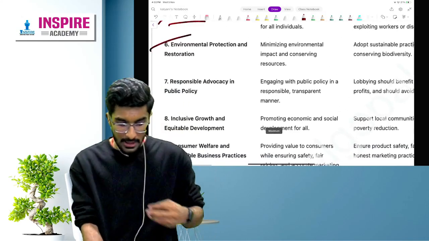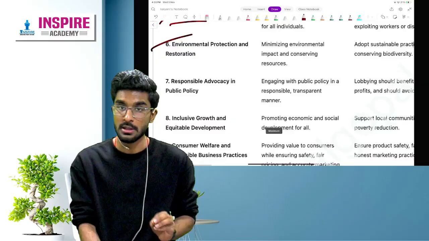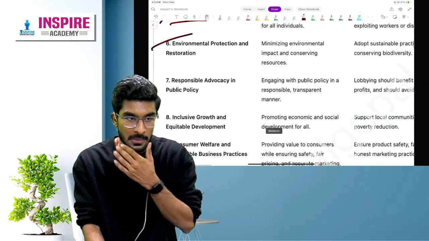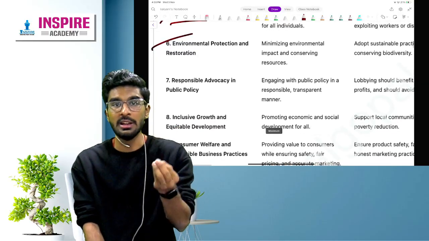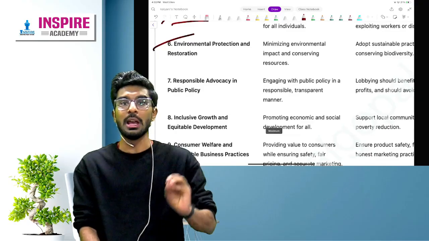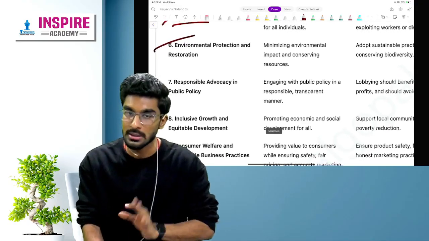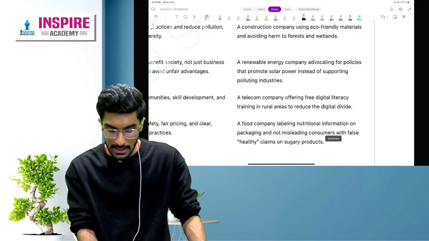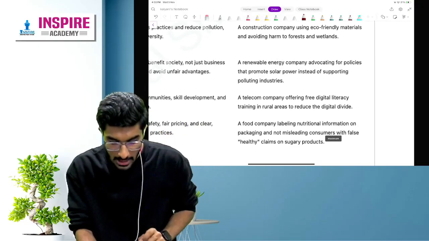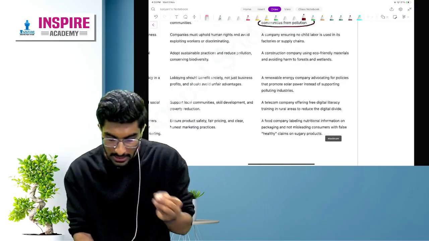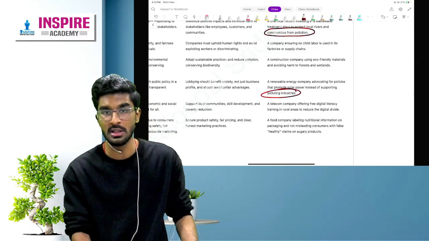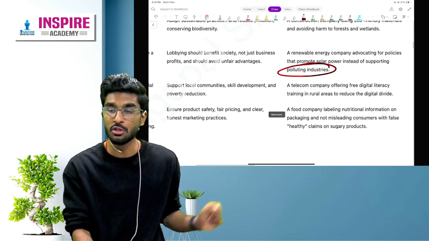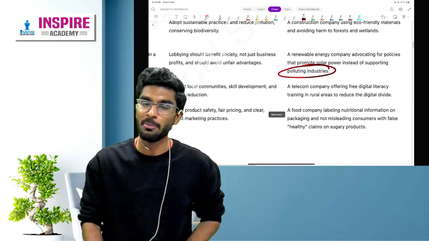Next is, people, responsible advocacy in public policy. If a company is into renewable energy, it has to continuously urge everyone to shift towards renewable energy. Example, a renewable energy company advocating for policies that promote solar power instead of supporting polluting industries. So if you are into renewable energy, you should never support polluting industry.